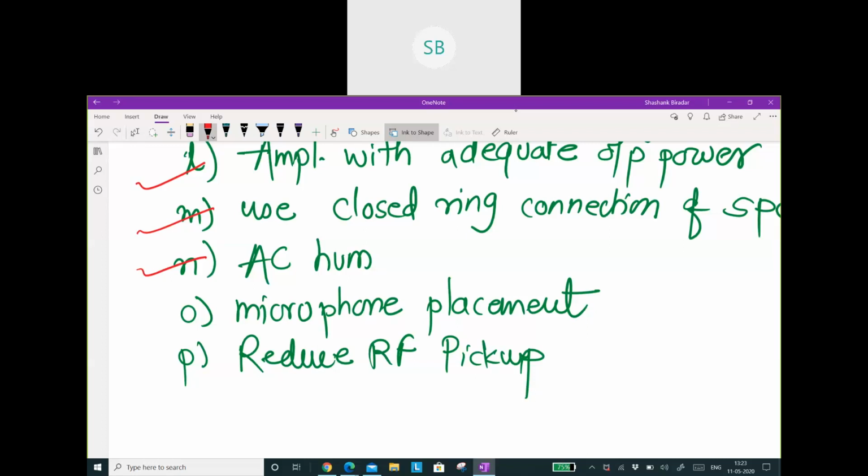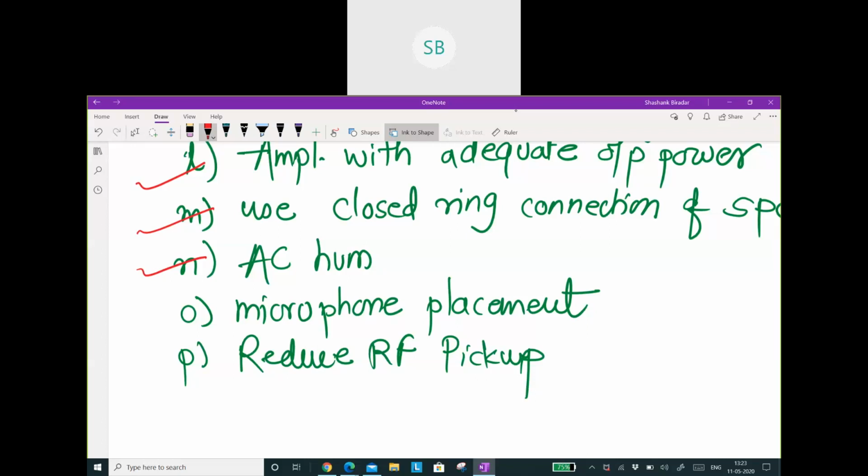AC hum is the noise produced by the AC mains at the supply frequency, that is 50 hertz. The connecting wires of microphones will have AC hum induced in them due to the magnetic field associated with the mains. This 50 hertz audible humming sound is quite irritating, so we need to take care of it.